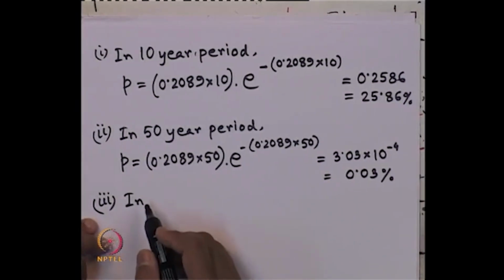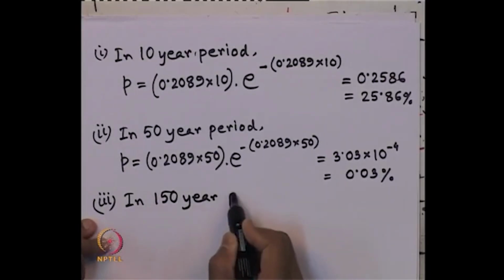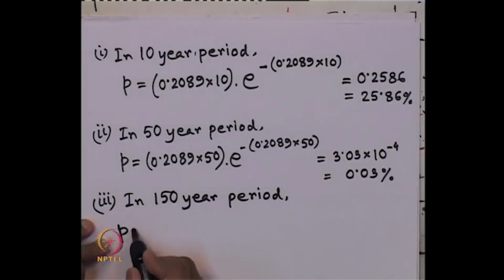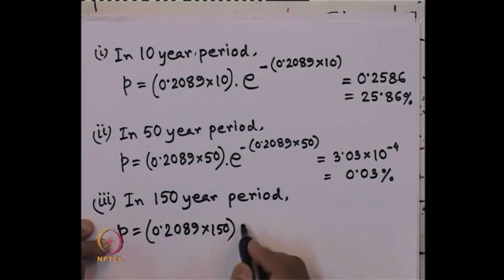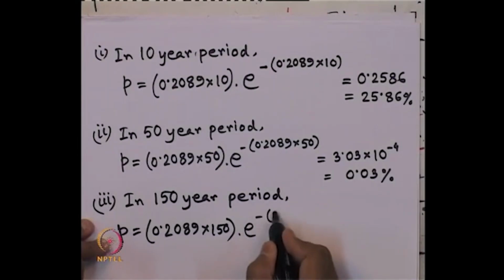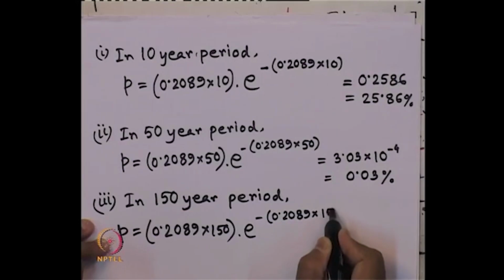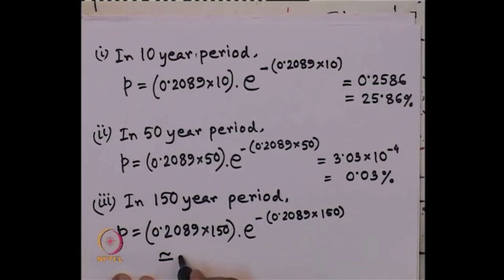So, in a 150-year period, let us see what the value will be. P will be lambda, again this, t is this, e to the power minus 0.2089 into 150. That comes out to be almost 0%.